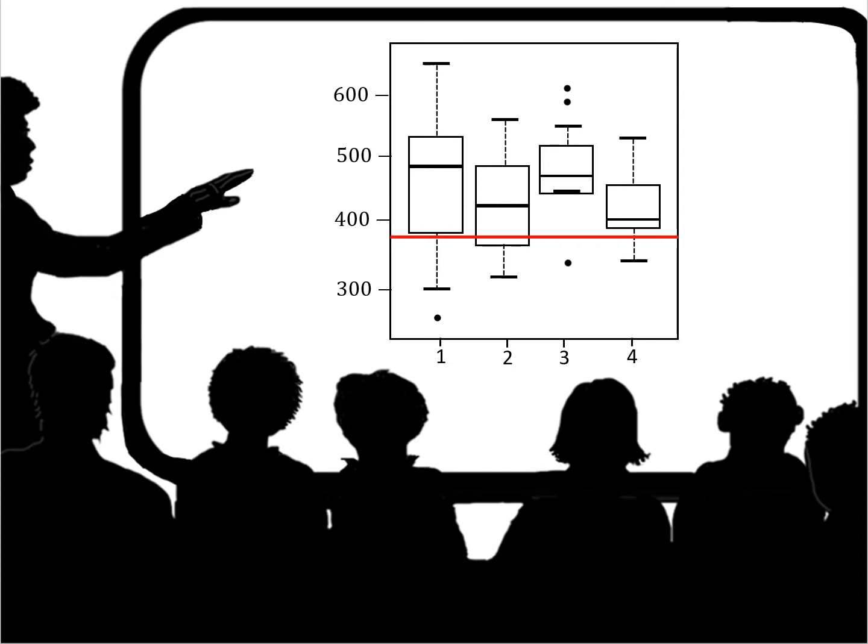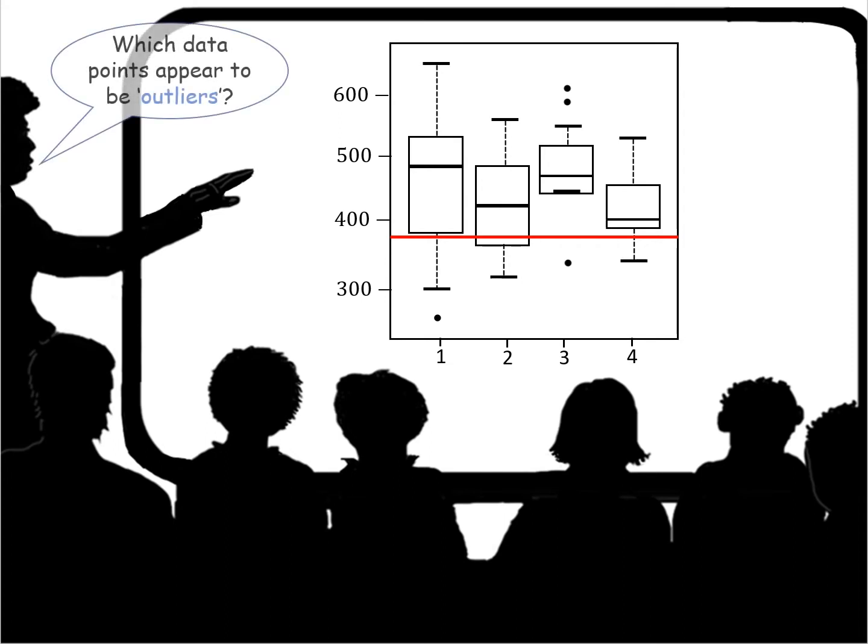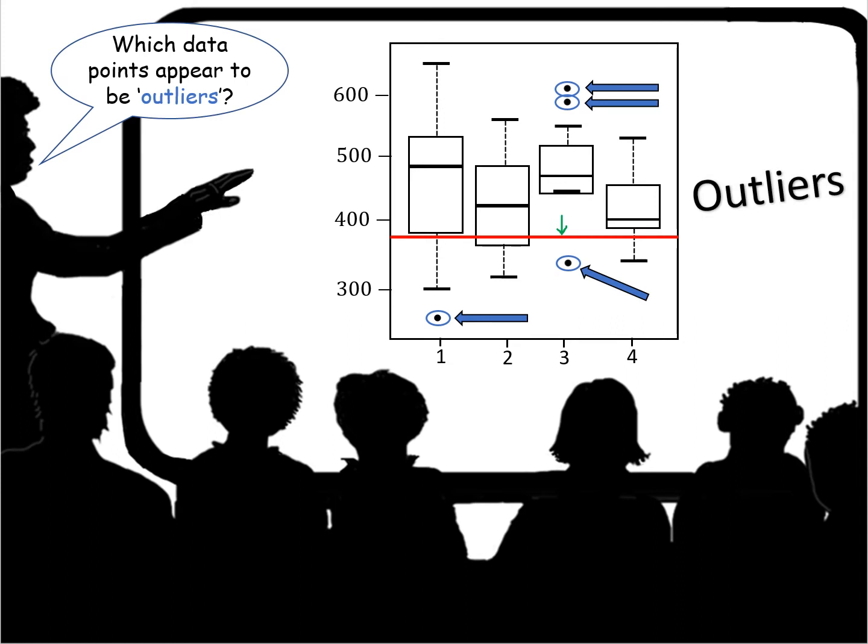Here's a box plot. This line right here represents the actual value of whatever it is. So which data points in this box plot look like they might be what we call outliers, points that are outside of the norm?